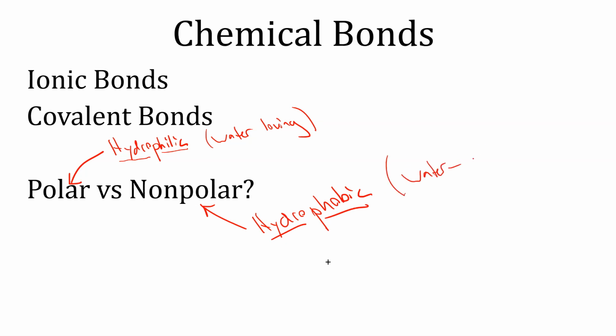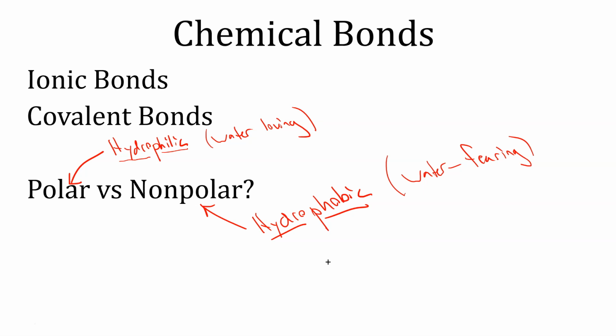So if there is a molecule that does not have any polar bonds in it, but just has nonpolar bonds, then it's likely not going to want to be around water.